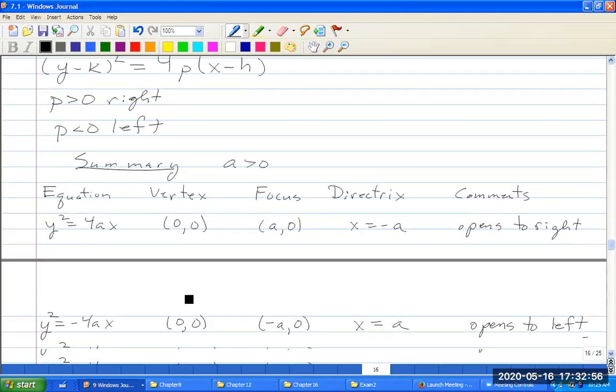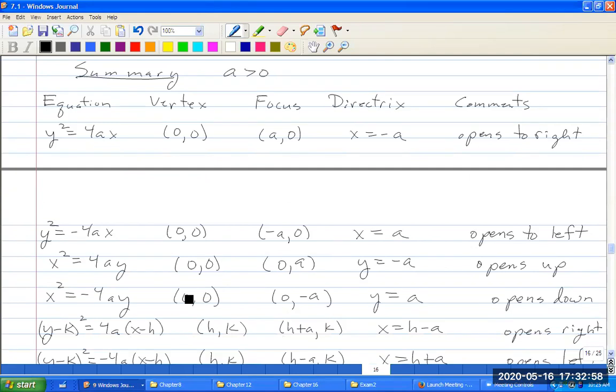So in summary, if a is greater than 0, then I can say the following. y squared equaling 4ax has a vertex at the origin, a focus at (a, 0), directrix at x equal minus a, and it opens to the right. y squared equals minus 4ax.